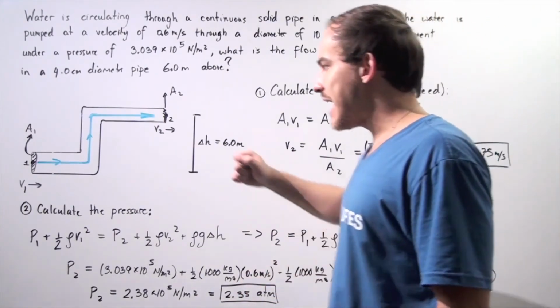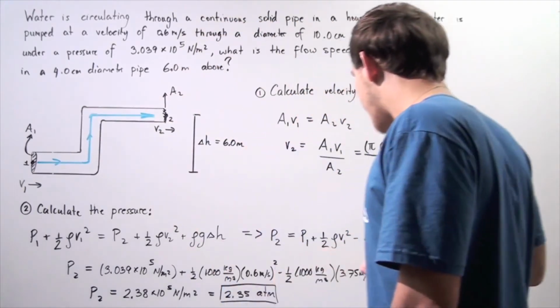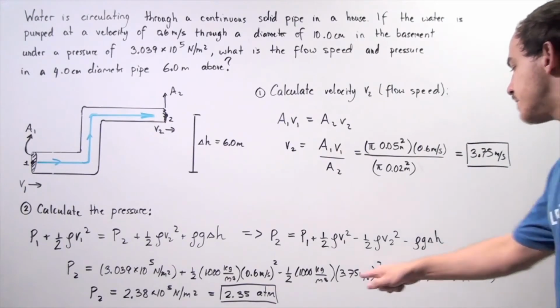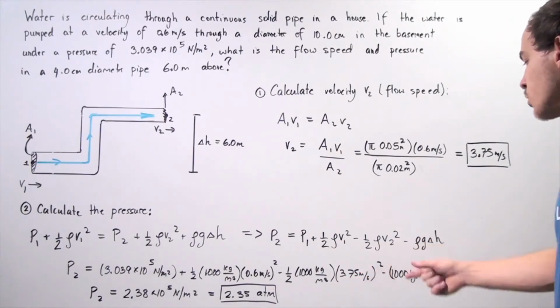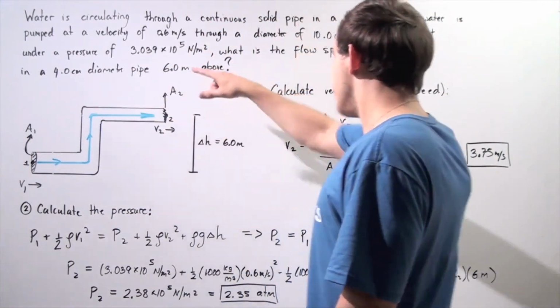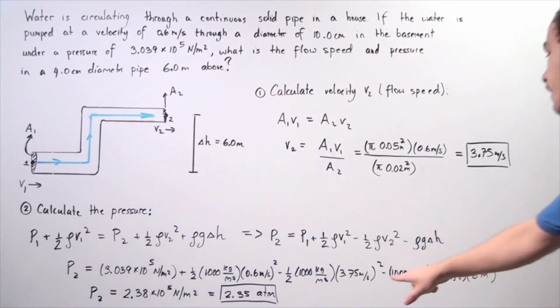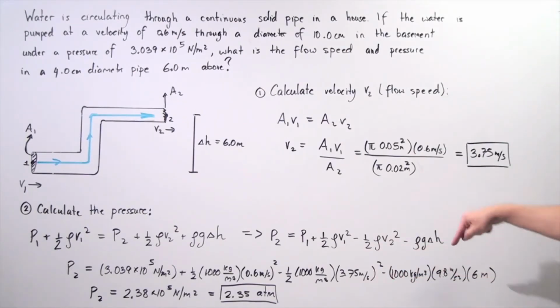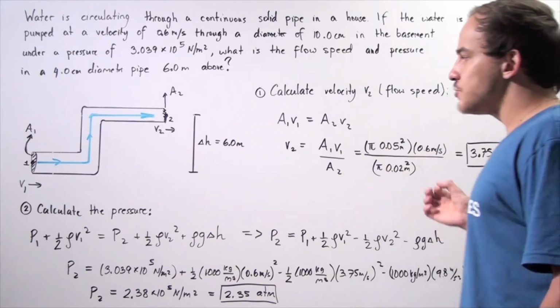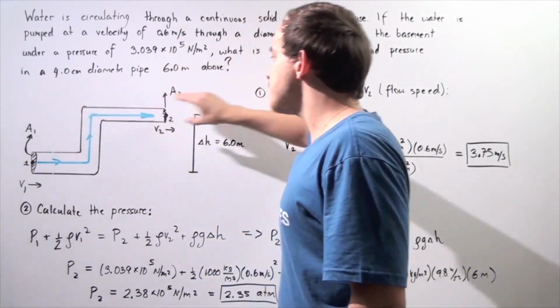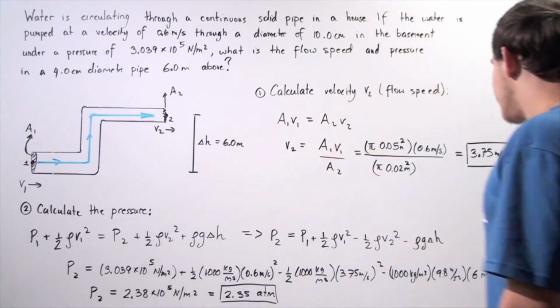Our V1 is the velocity in the basement section of the pipe, minus 1/2 times our density 1,000 multiplied by 3.75 squared, which is our velocity of the fluid in the second section of the pipe, 6 meters above the basement, minus 1,000 kilograms per meter cubed, our density of water, multiplied by g, our gravitational constant, multiplied by the change in vertical distance between the basement section of the pipe and this section of the pipe, which is simply 6 meters.